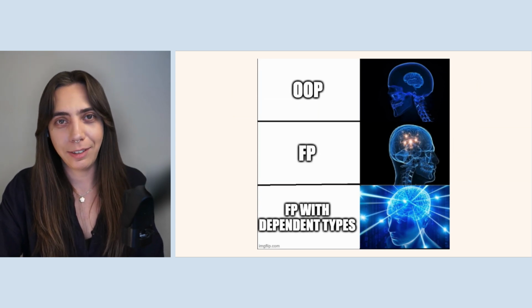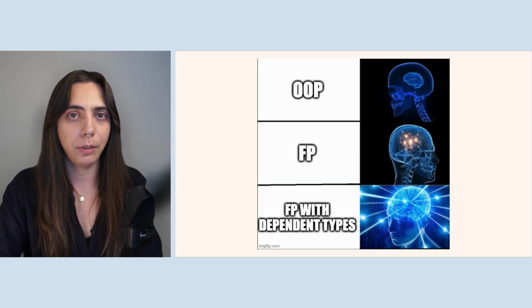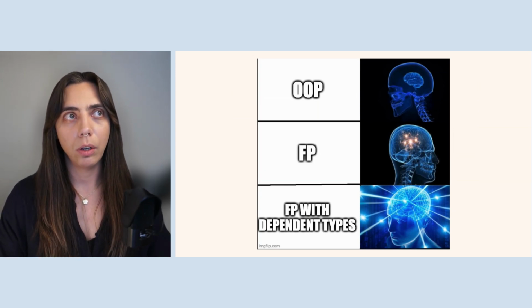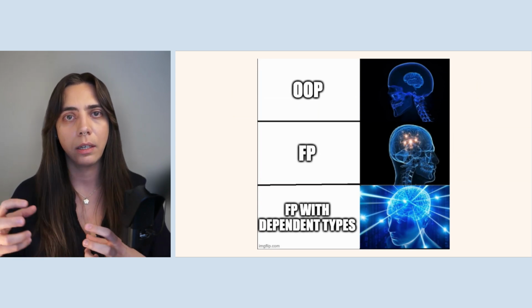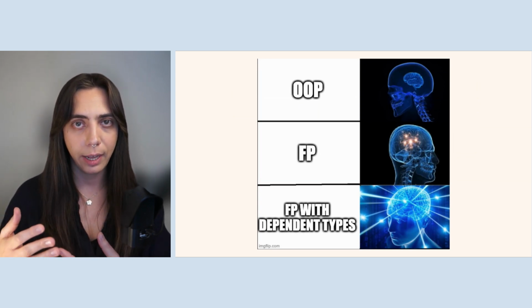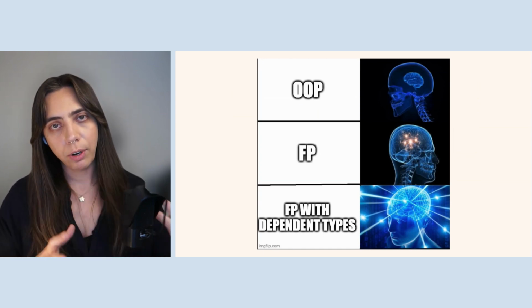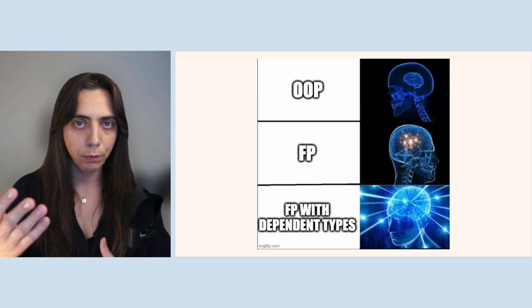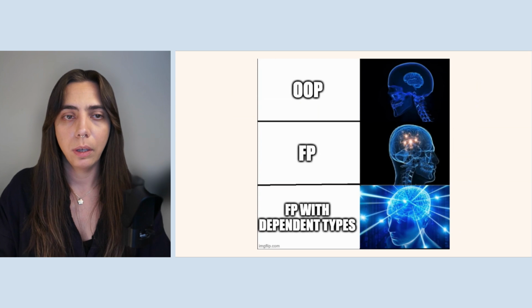You can express basically anything you want in the types, which gives you a lot of assurances at compile time, because the compiler can verify and check what you express in the types. As opposed to not having dependent types, where you have to do more runtime verification, as for instance with this index out of bounds problem with lists.